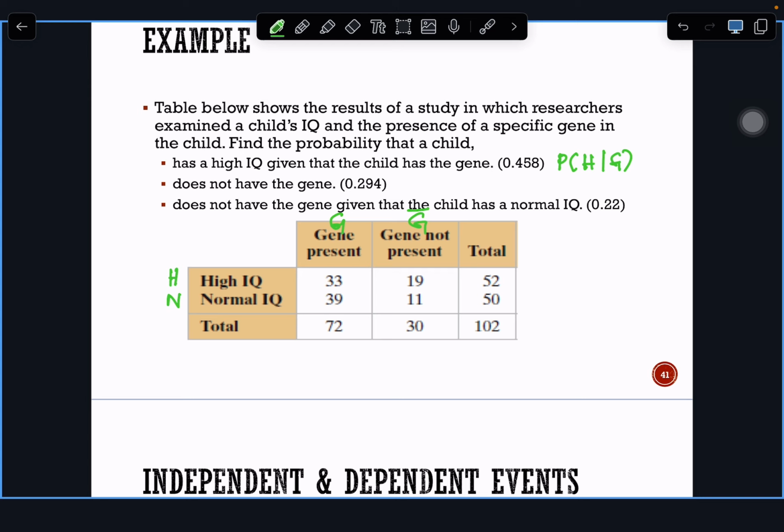Second question, does not have the gene? 30 over 102, right? Yeah. Third one, does not have the gene given that the child has normal eyesight. Is this the working?